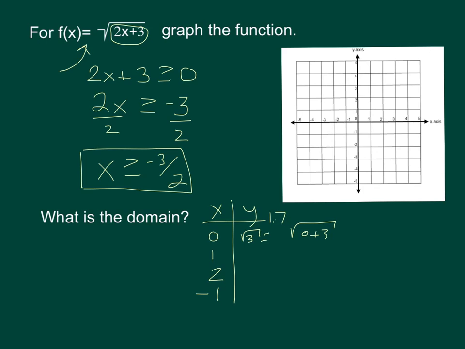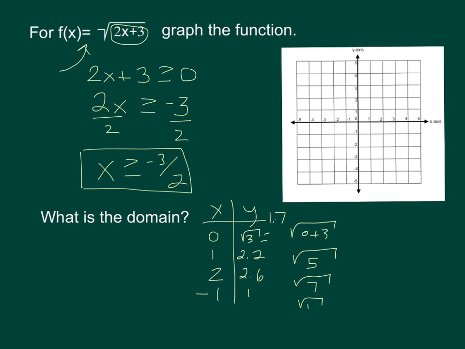If I plug in 1, I'll get the square root of 5, which is about 2.2. If I plug in 2, I'll get the square root of 7, which is 2.6. And if I plug in minus 1, I'll get the square root of 1, which is 1.